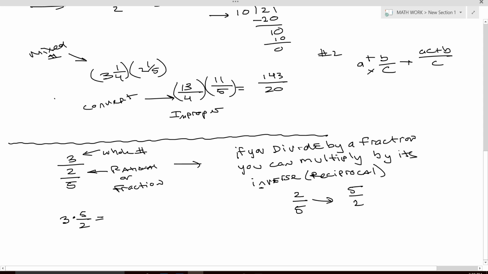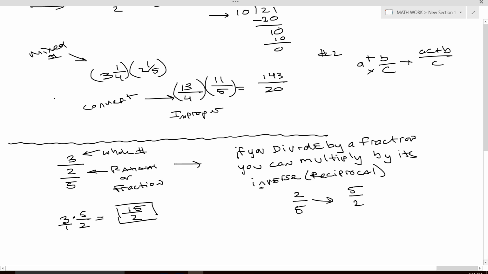This is assumed to be 3 over 1. There you go. That's the word I'm looking for. So 3 times 5 is 15, divided by 2. Voila, your answer. Right? Okay, cool.